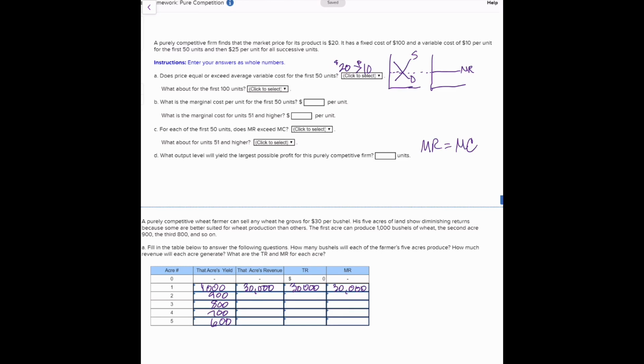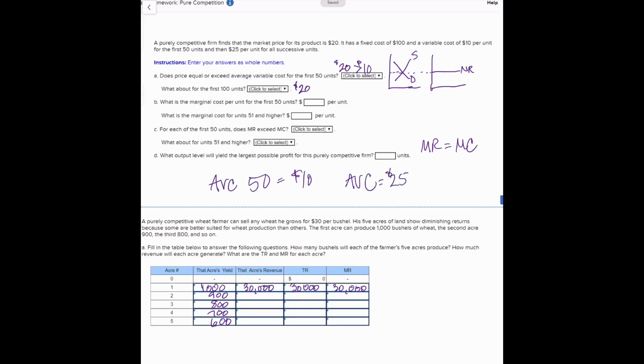For the first 100 units, we can also say that the answer is yes because $20 in price also exceeds the average variable cost. And the way we calculate that is by taking the average variable cost of the first 50 units, which is $10, and the average variable cost of the remaining units, which is $25.